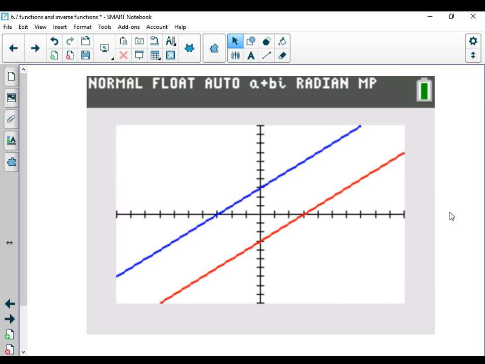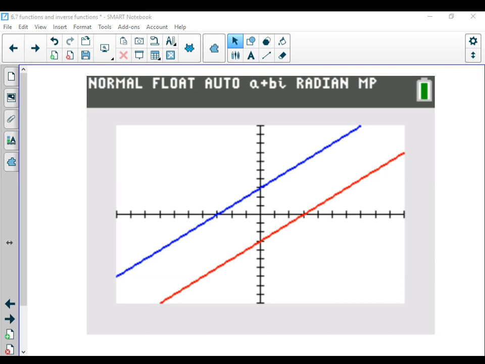What do they look like they reflect over? What do they reflect over? I'm sorry? Y-axis? No, not necessarily. If it was over the y-axis, I would have a line going this way. It's y equals x.